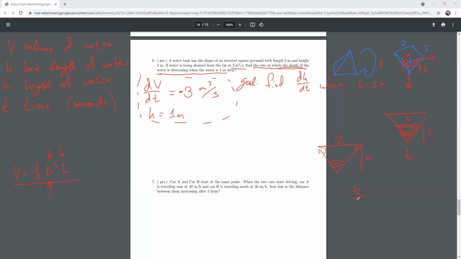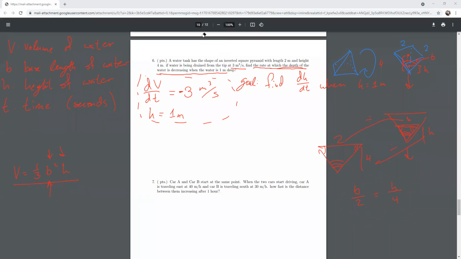The base over 2 is equal to H over 4. I'm taking this divided by that, and this divided by that. The ratios of how much they're shrunk is the same since they're similar triangles. Feel free to go through it. There may be a chapter earlier in the book which talks about things like this. It's good to review in case your professor gives you related rates problems where you need derivatives, or rather similar triangles.